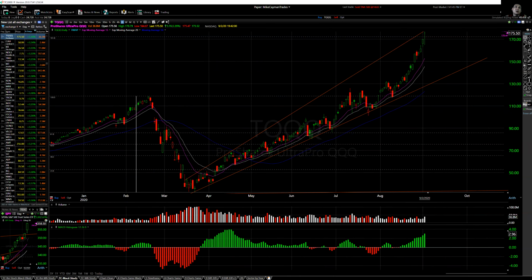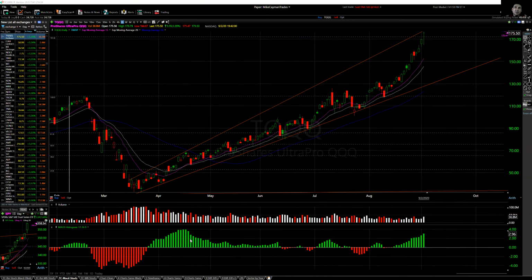And let me see. All right, and then the TQQQ. So here's the move in March. Then this huge move right here. Look at these histogram bars.